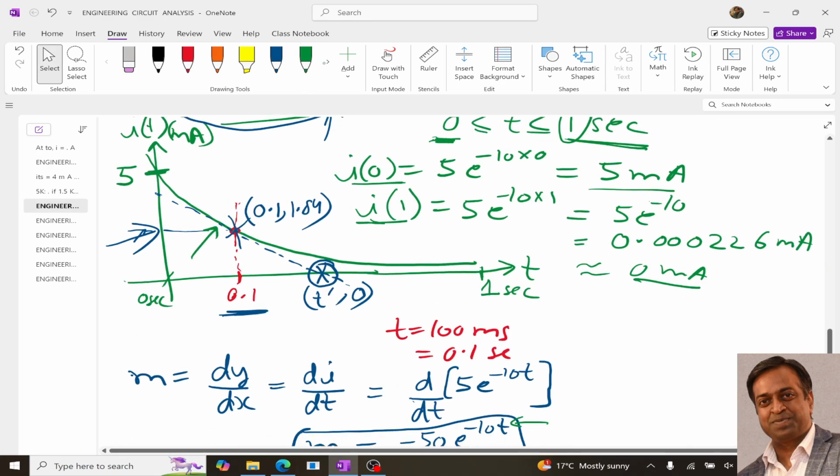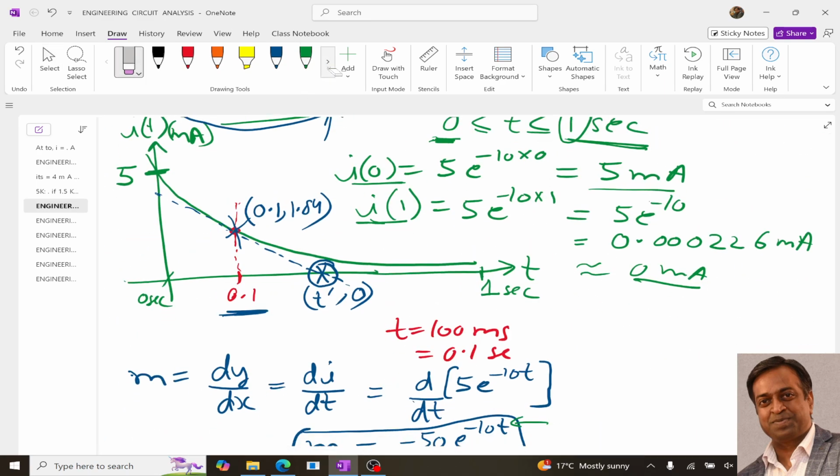So now since I know the slope, how can I determine the equation of this line?